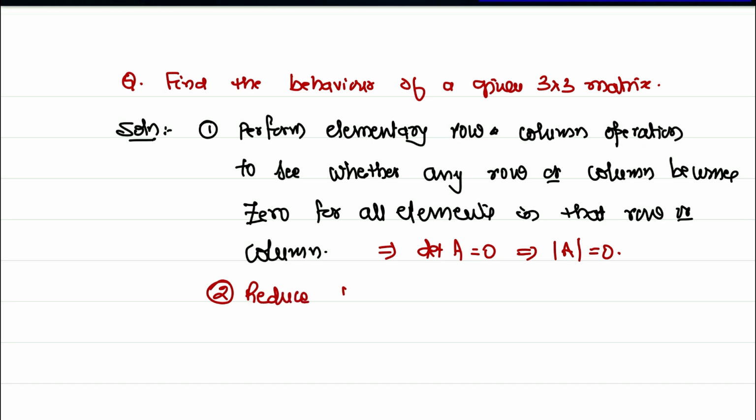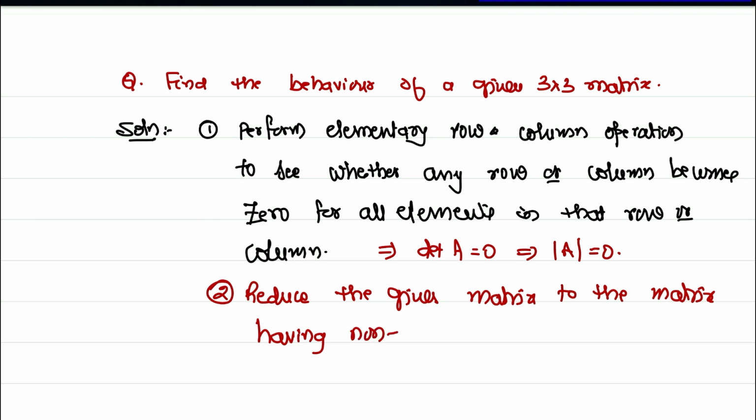reduce the given matrix to the matrix having non-zero columns or rows.